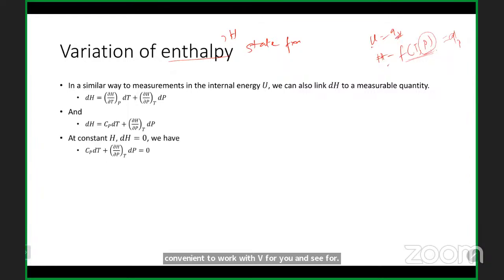Anyway, so we can express dH as so. And if you express it as so, Cp dT plus dH dP dP. If we consider an isenthalpic process, that means this is equal to 0.